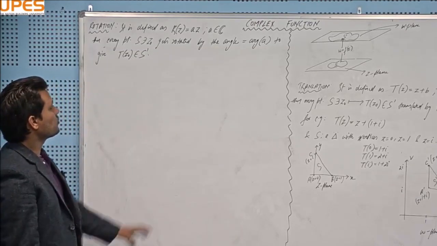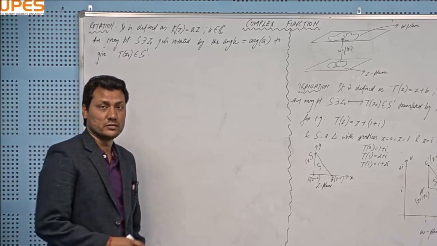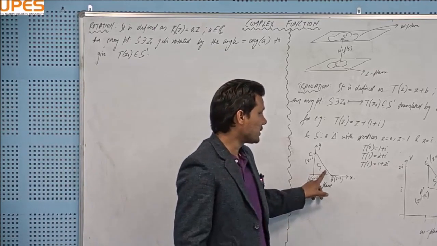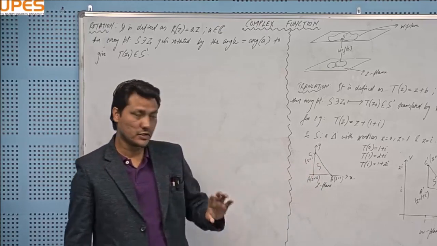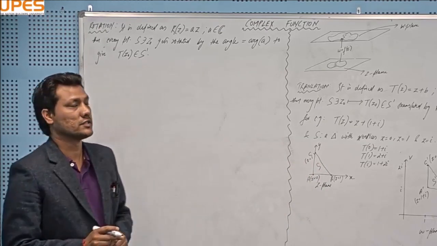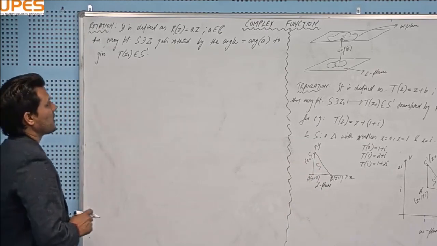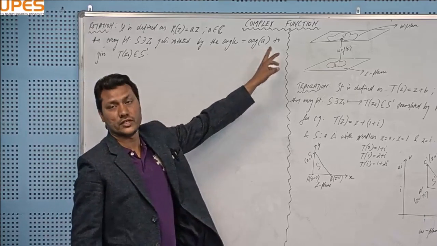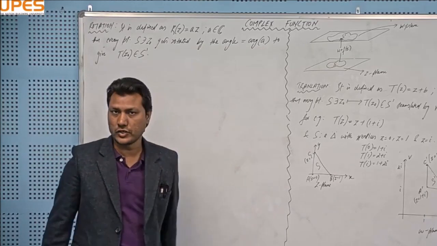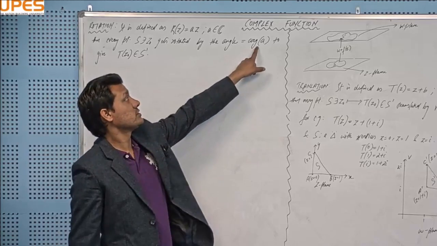So the rotation actually rotates the whole domain. If I take this example again, this triangle will be rotated, not translated, rotated by this angle, argument of a, and that rotation can be clockwise or anti-clockwise depending on the sign of this argument of a.